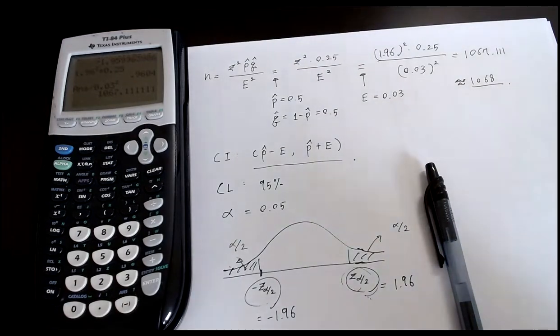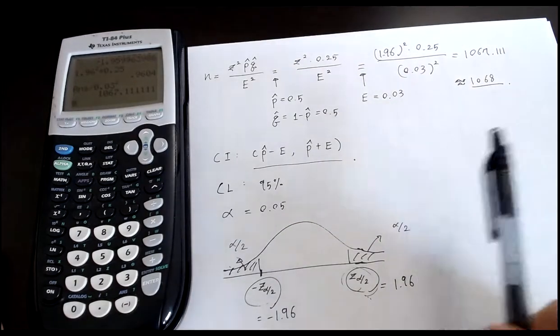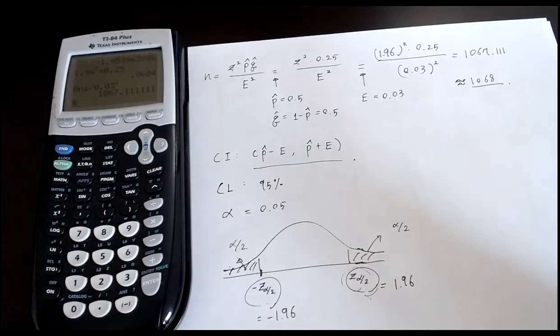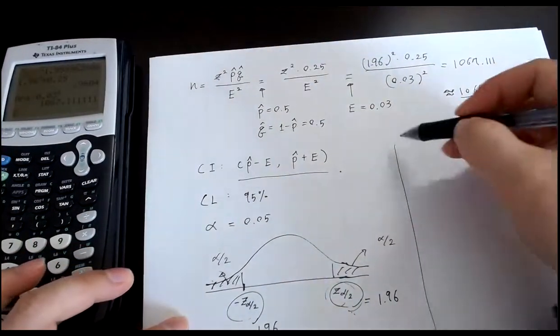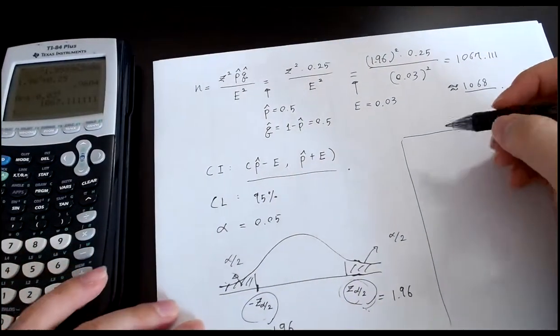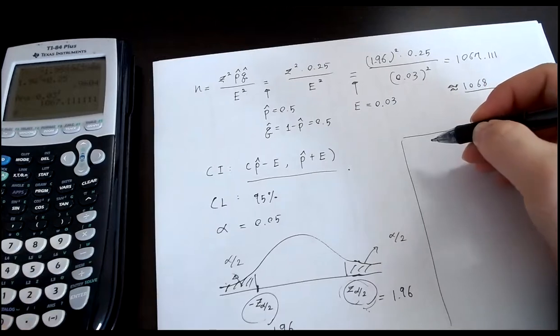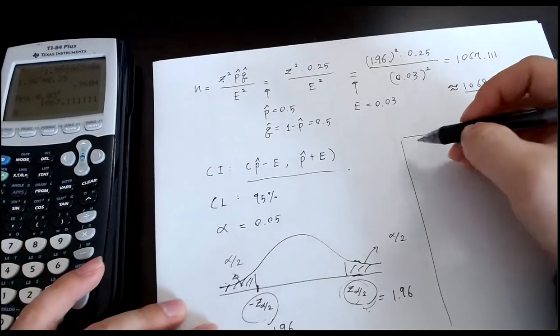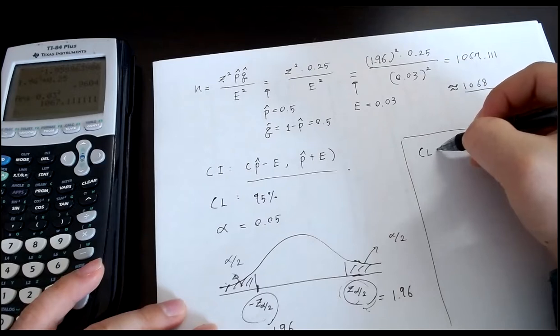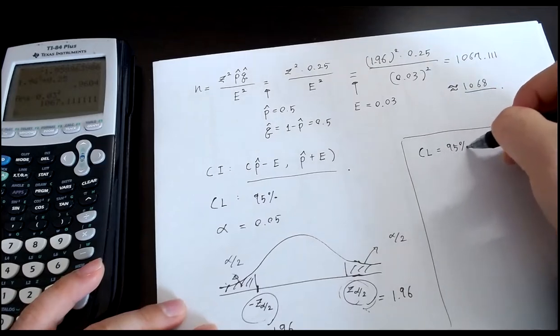Next question: how many should we survey if the Census Bureau estimates that 66% of others shop online? That's the sub-question of the previous example, with the same confidence level of 95%.